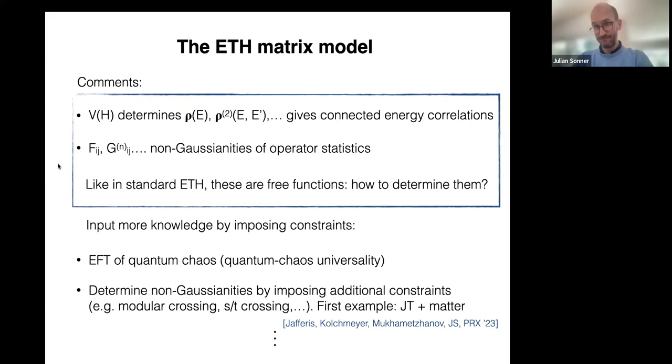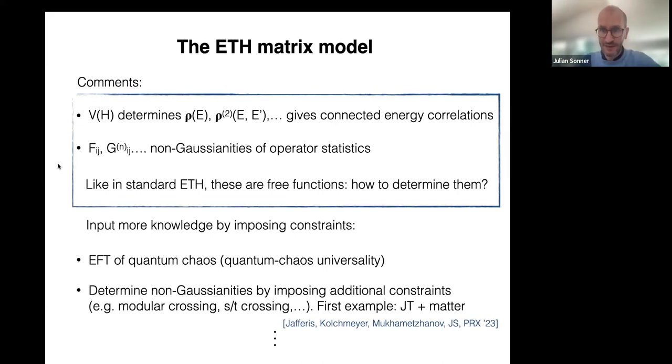So I want to emphasize that from a statistical physics perspective, ETH is predictive, but only to a certain point, because it contains these free functions. If you want to really apply it to a specific system, then you would have to determine what these free functions are. But even without knowing these free functions, you can already say a lot about whether a system thermalizes, what the universal properties of thermalization are, and so on.